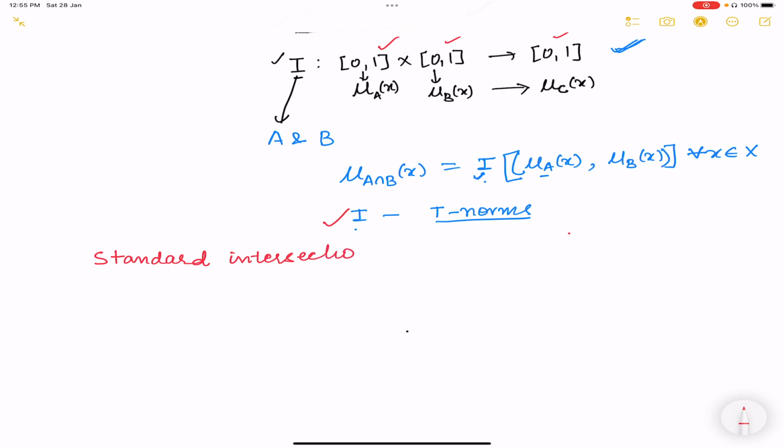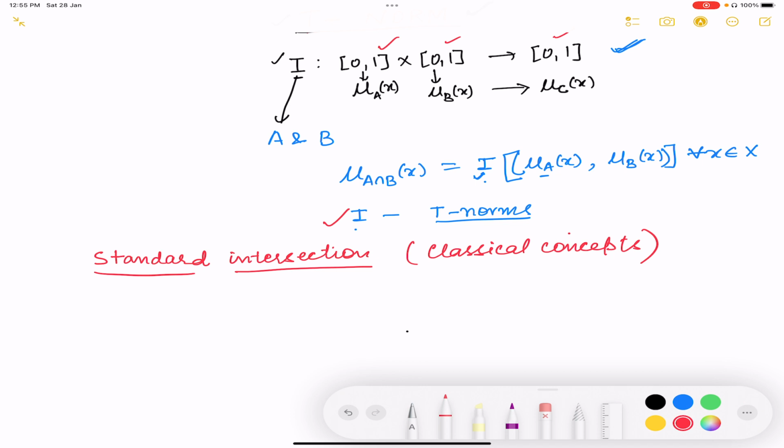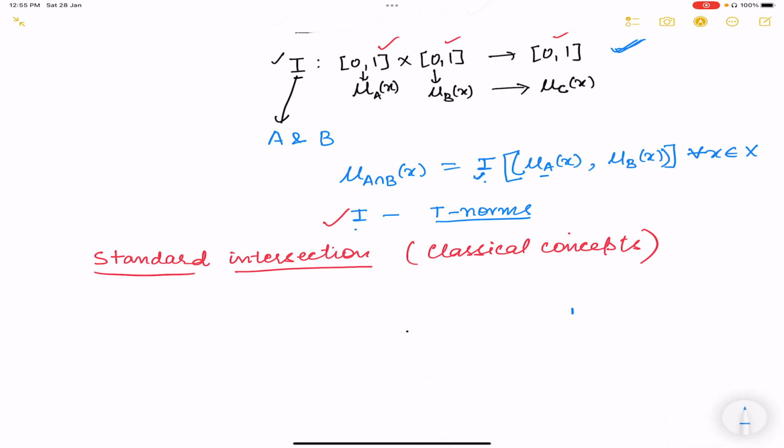And this standard intersection is basically derived from our classical concept, students. So how do we define this standard one? We define the standard one as mu A intersection B(x).